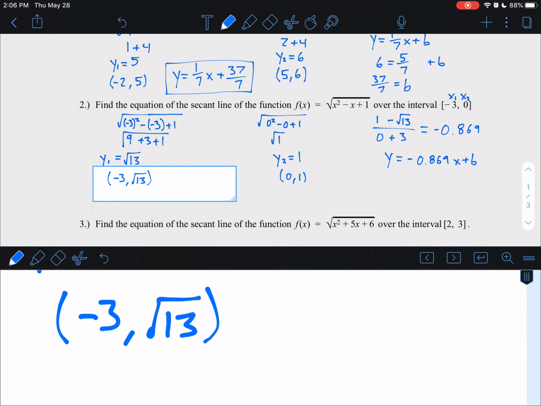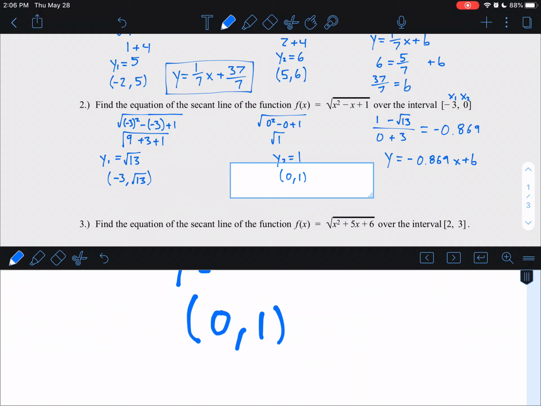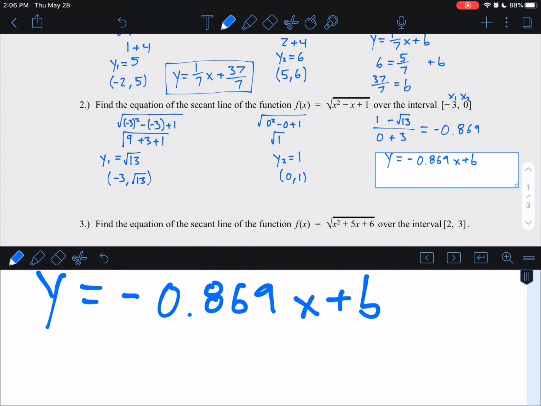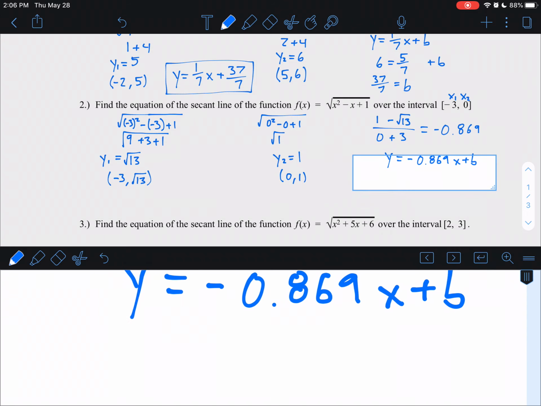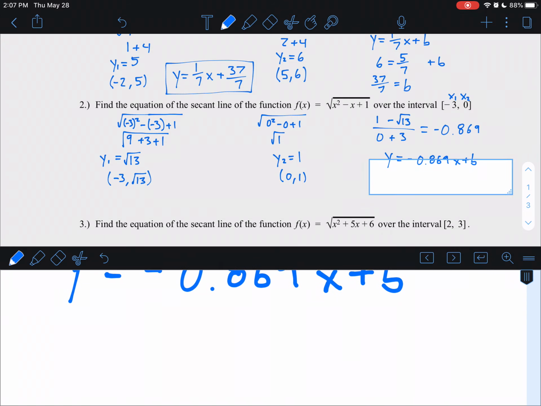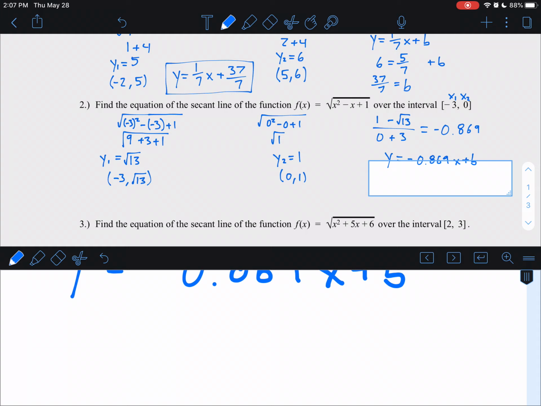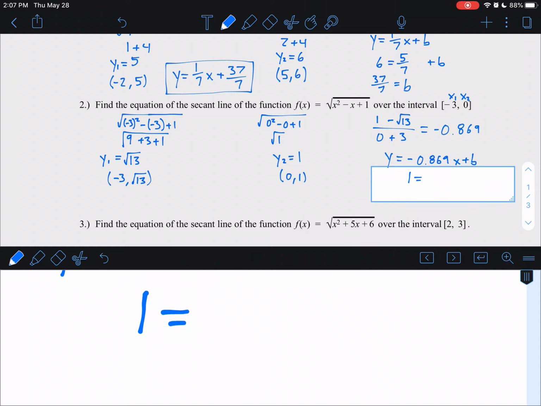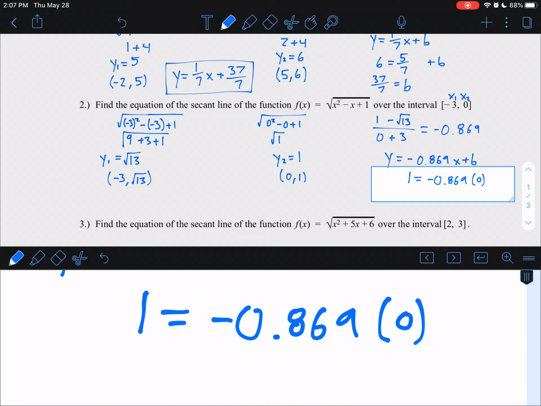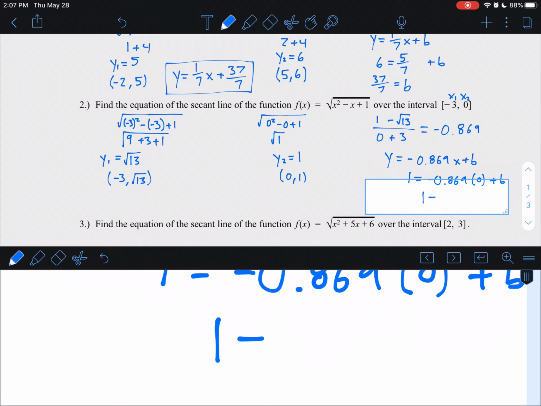Either way, you're going to get the same answer, but 0, 1 is a lot simpler to work with, so I'm working with 0, 1. So I will plug it in. That means I have 1 equals negative 0.869 times 0 plus b. Well, negative 0.869 times 0 is just 0. So that means 1 equals b. b equals 1.